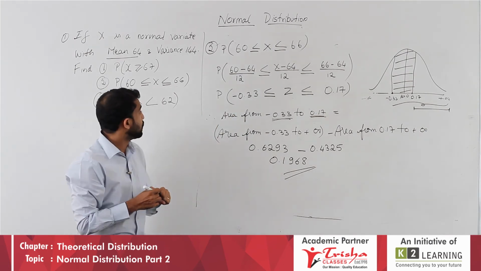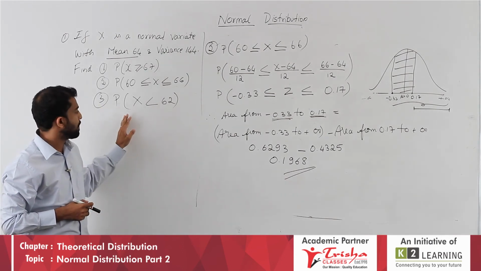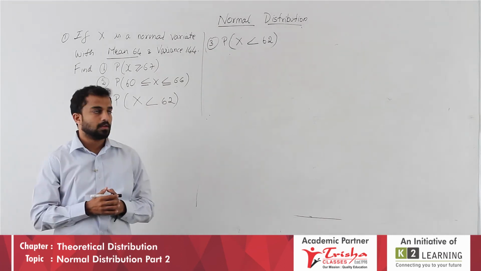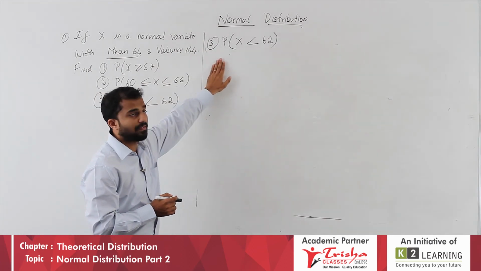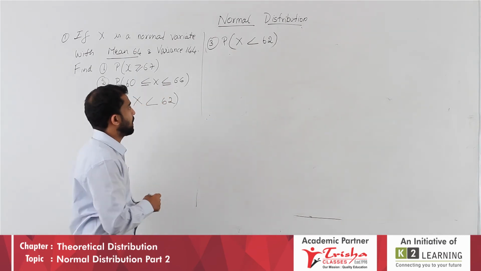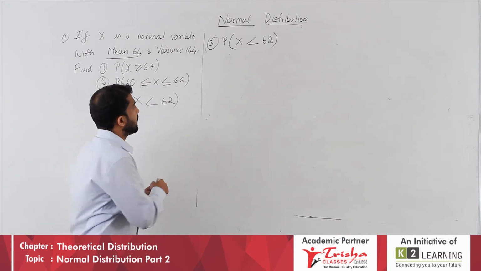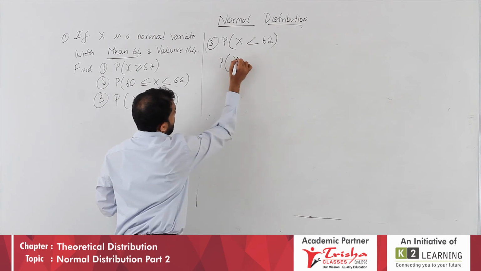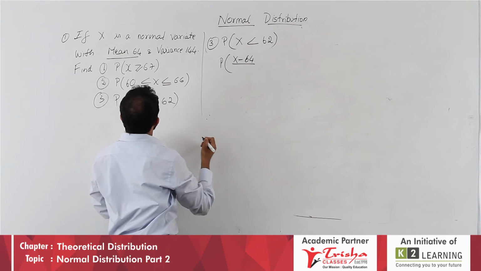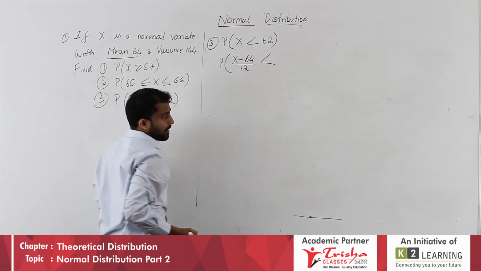Similarly, we will do another one, that is the last question which is given, P of x less than 62. So the last one is P of x less than 62. Now you have to be a little quick, students, to understand at least the first part of it up to the graph. You need to know how to do it. So it is P of (x minus mu, that is 64) divided by sigma, 12. Now it is a less than sign, so put less than.